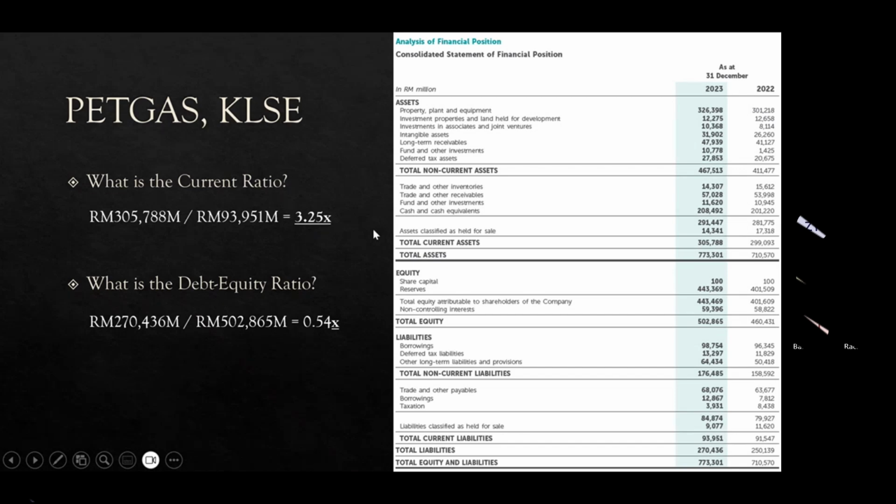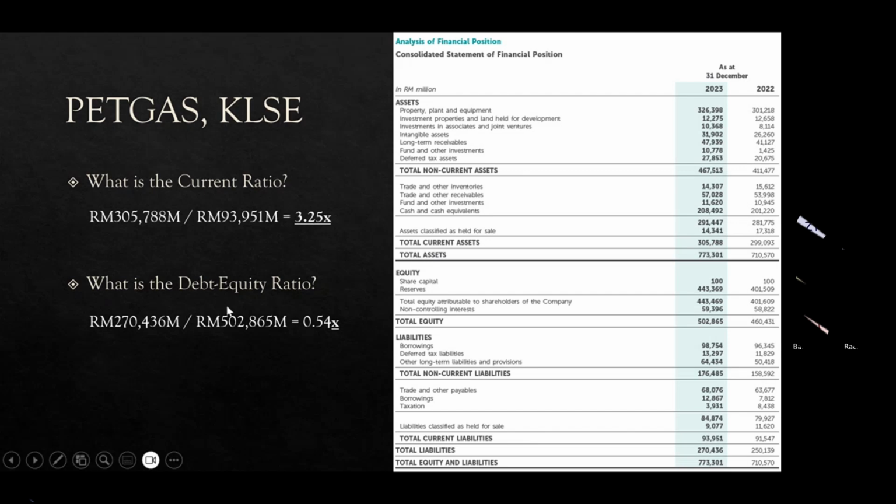That means for every $1 of borrowing, I get $3.25 of liquid assets. But what if your current ratio is 0.8? It means for every dollar you only get back 0.8, which is bad. That means for every dollar of borrowing, I only get 80 cents. So very bad. That's how you read it.